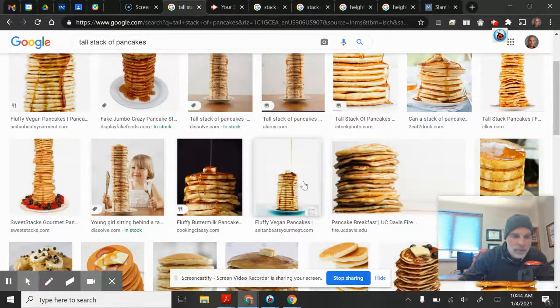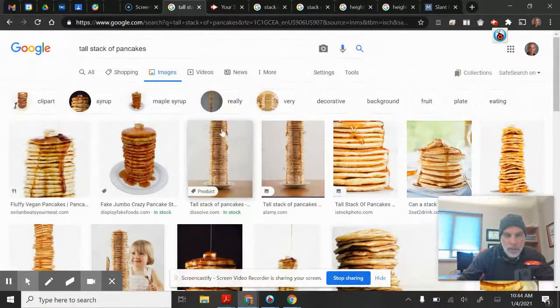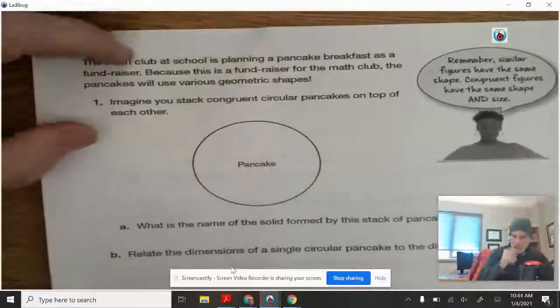Okay, so hopefully this isn't making you too hungry, but a really, really tall stack of circles forms a cylinder, obviously. So this is kind of where we're going with this.